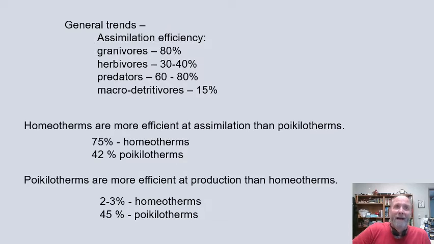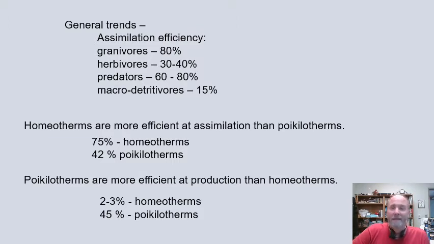We have to have some sort of symbiote or bacterial gut flora that's able to break that cellulose down. And even so, herbivores have to eat a heck of a lot of plant material in order to get an adequate amount of energy to support them.